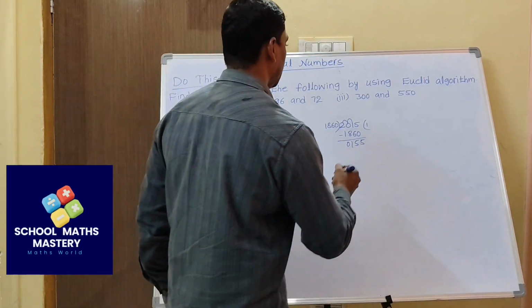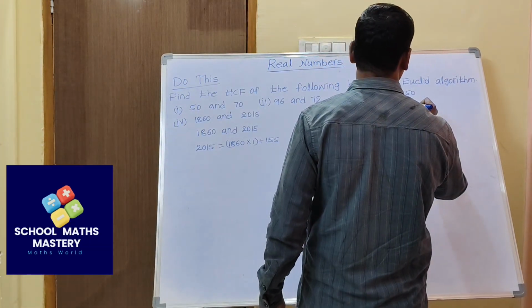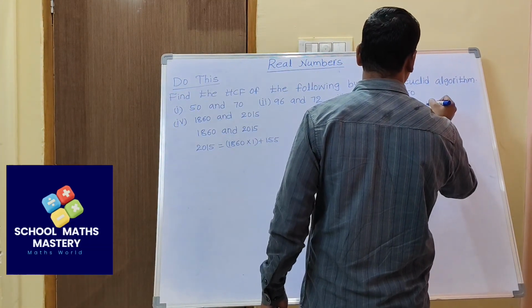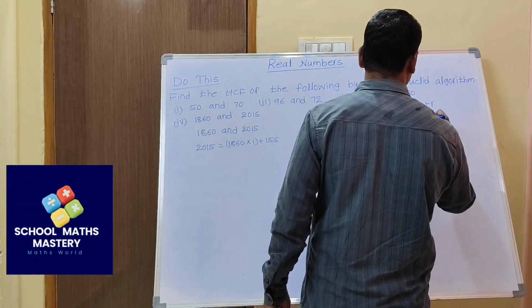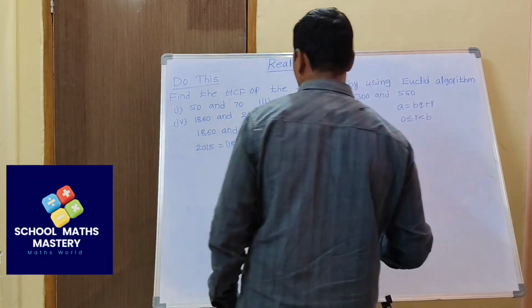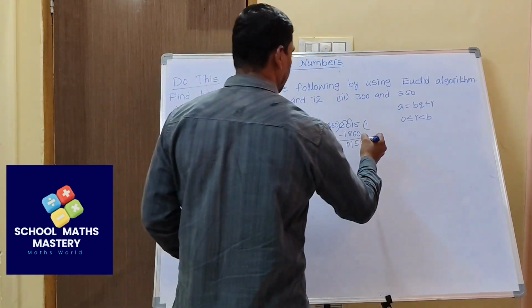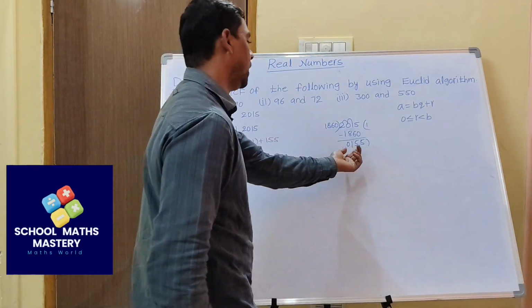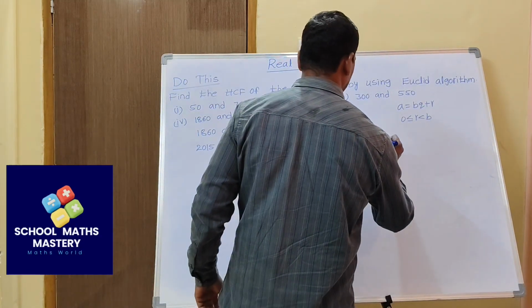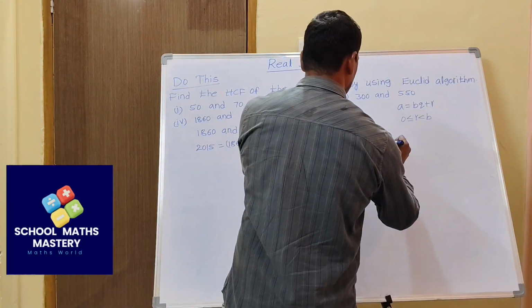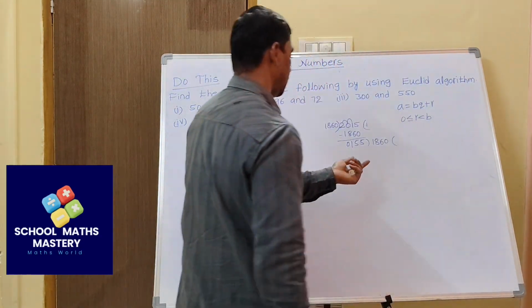Okay, formula: A equal to BQ plus R, 0 less than or equal to R less than B. Now 155 is the divisor. Next 1860 is the dividend.